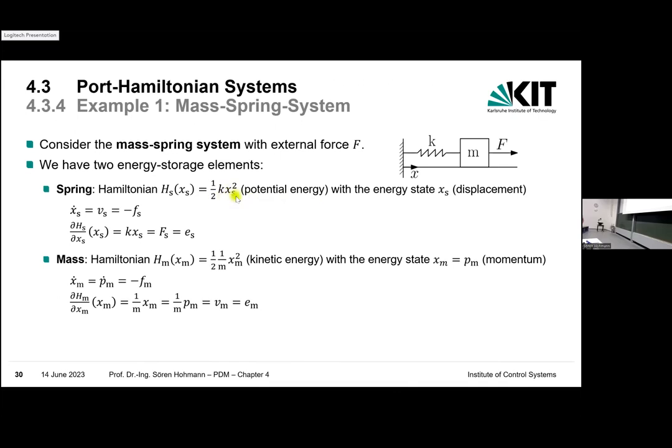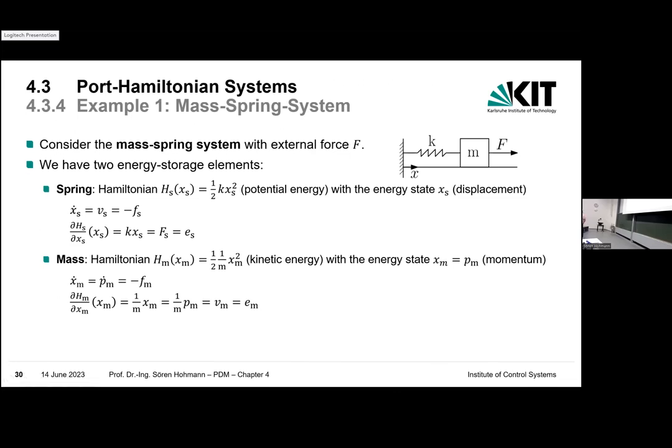It's potential energy with energy state xs, the displacement. Now let's do the definition as before. Xs dot gives the flow variable, the negative flow, so Fs, the force. And second, if I take the derivative of the energy function with respect to xs, I get k xs for the F variable.